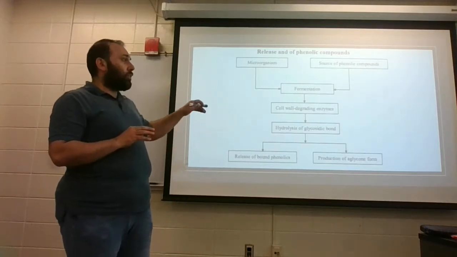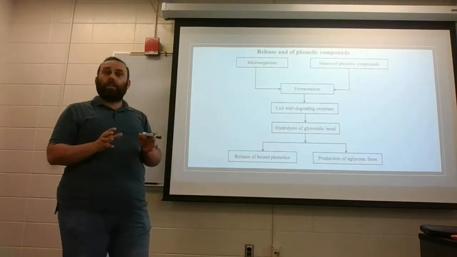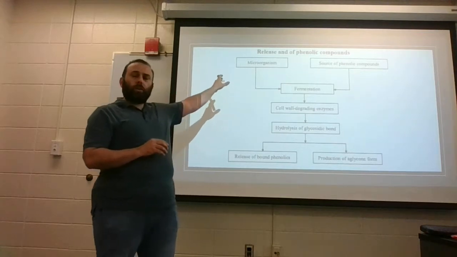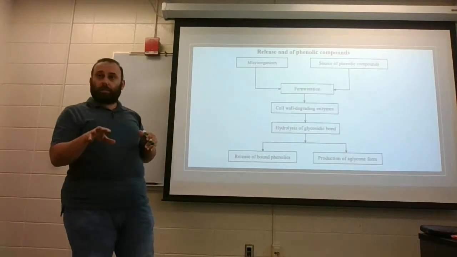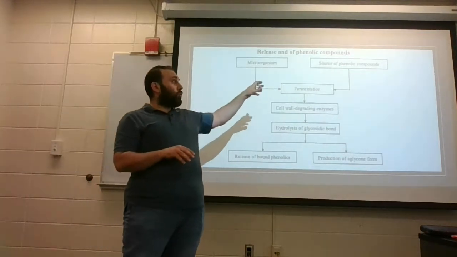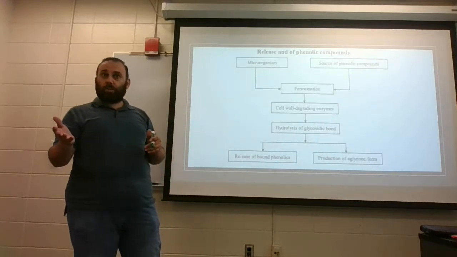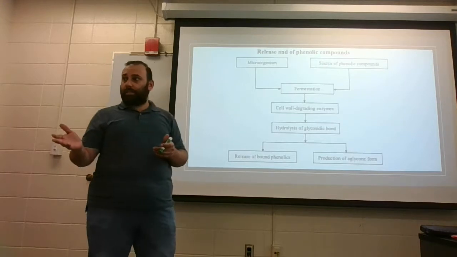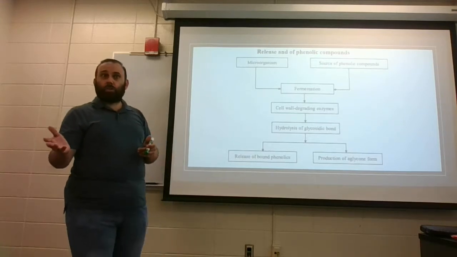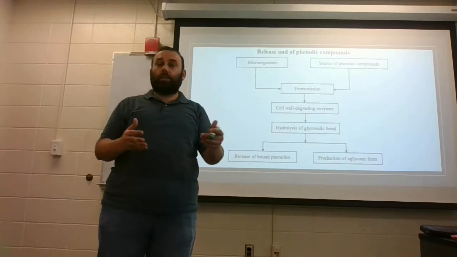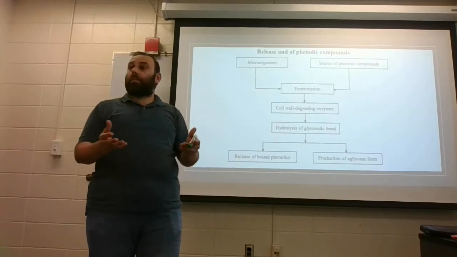This flowchart represents how we can get these phenolic compounds. We combine microorganisms such as bacteria or fungi with a source of the phenolic compound. What is the source of the phenolic compound? As I mentioned, plants, plant tissues. For example, rice bran or soybean meal.